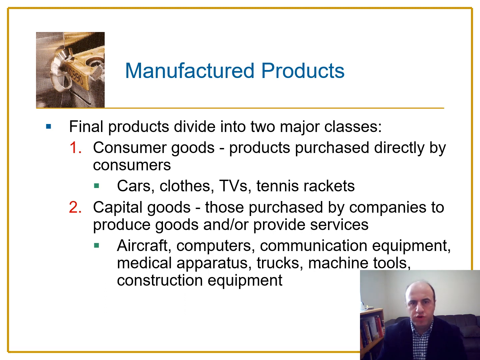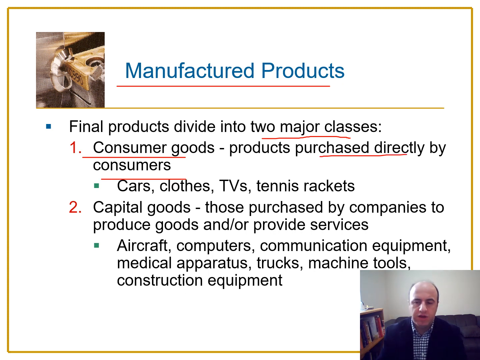Manufactured products are divided into two major classes. One is consumer products, which are purchased directly by a consumer. Examples are a car, clothes, or a tennis racket.